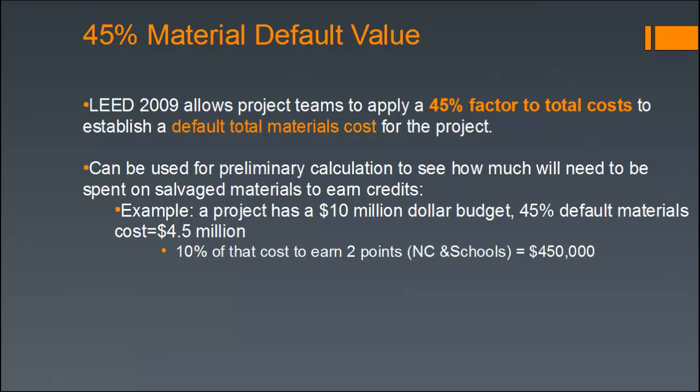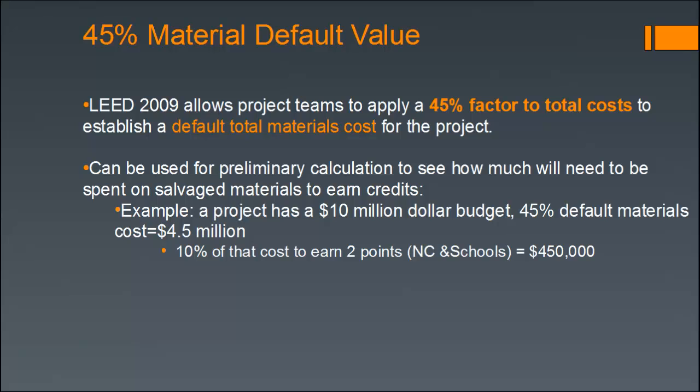So I do recommend that as the submittals are coming in, you actually do record actual costs and are constantly calculating the aggregate total of the percent of recycled material, or salvage material, or rapidly renewable based on cost of each material coming in with the CSI divisions 3 through 10. But this is very good to use as a preliminary calculation to give the team an idea of how difficult the commitment is going to be to meet those percentage goals of their total material costs.